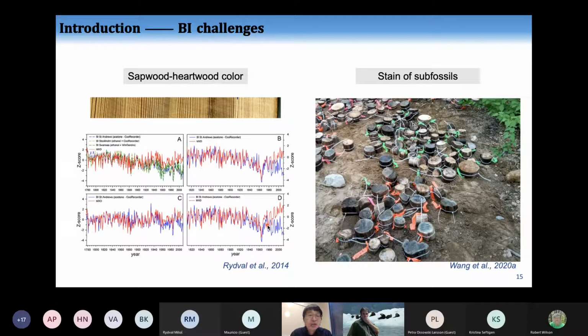This discoloration issue not only occurs with dead trees, but also with living trees. And another less known issue is a stain or discoloration of subfossil materials.